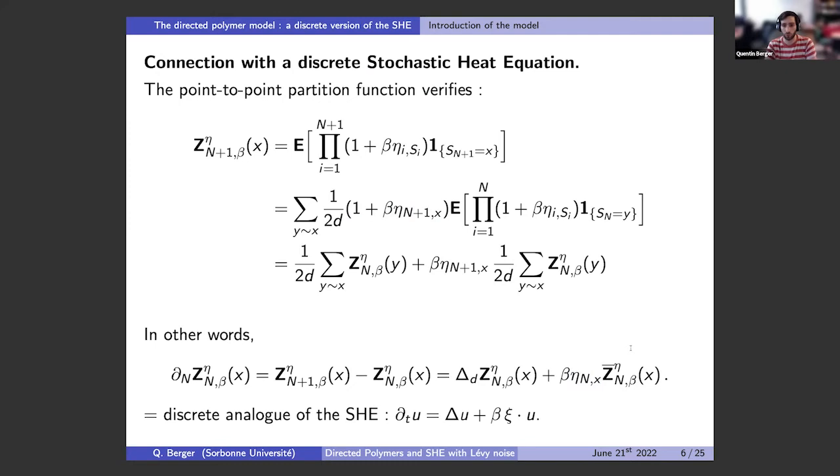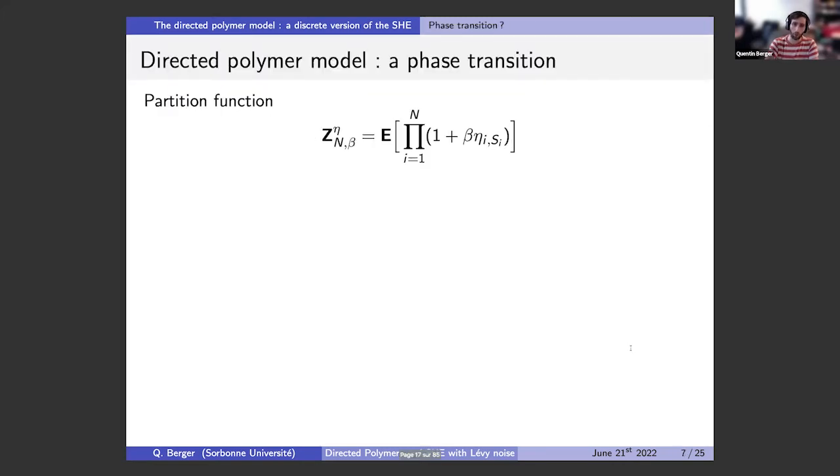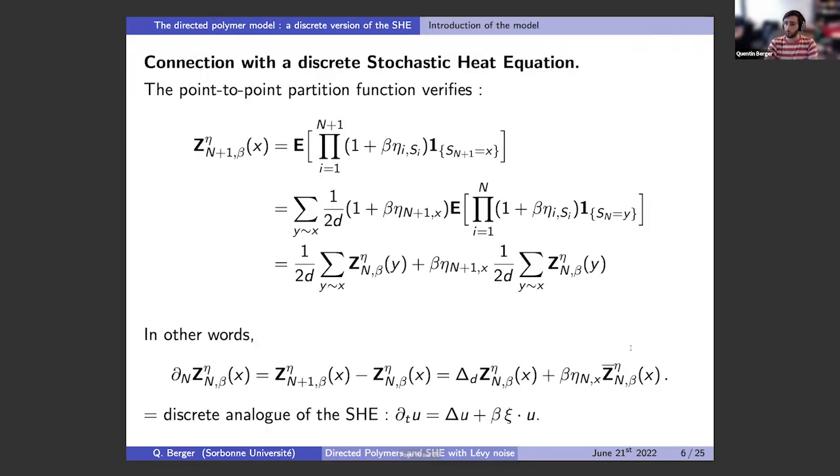That's one of the reasons why this model has been gaining interest in the past years, because of the connection to the stochastic heat equation. Are there some questions here? No? Okay, I'll come back to this connection later.